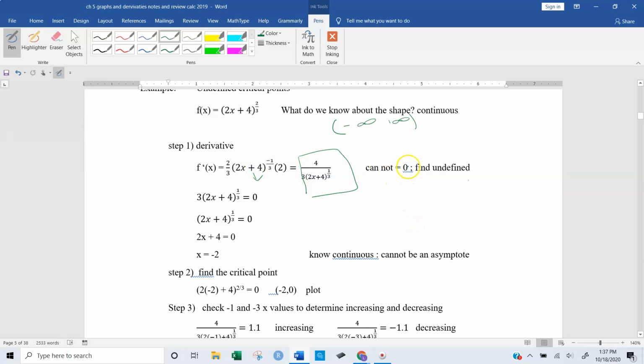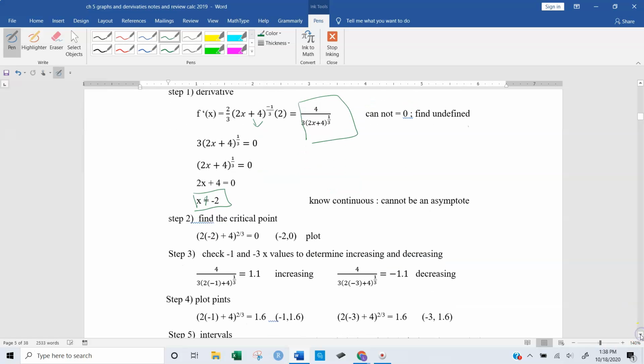Well, here we know we cannot divide by 0, which means when we set the denominator equal to 0, 2x plus 4 equals 0, so x cannot equal negative 2. Since it cannot equal negative 2, that's undefined at that point, this is an asymptote. It is not a turning point because it is undefined.